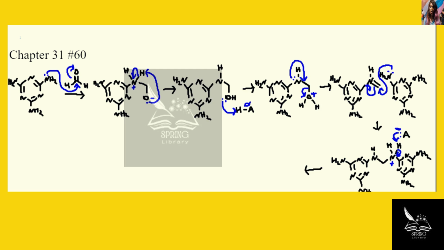And now we have our intermediate here. And so we have two melamine molecules that have been linked by this single carbon bridge from the formaldehyde.